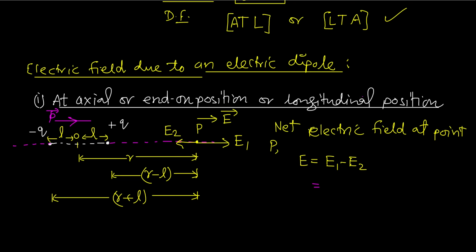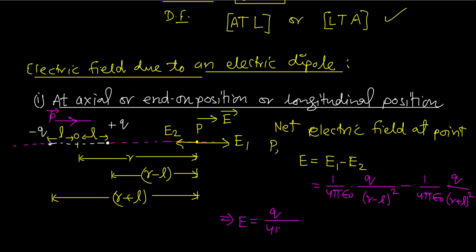So electric field E1 due to plus q charge will be written as 1 upon 4 pi epsilon naught charge q divided by distance square, which is (r minus L) whole square, minus 1 upon 4 pi epsilon naught electric field due to charge minus q, that will be 1 upon 4 pi epsilon naught q divided by (r plus L) whole square, right? Now let's simplify this. E is equal to, take the common terms outside, so it will be q upon 4 pi epsilon naught, and it will be 1 upon (r minus L) whole square minus 1 upon (r plus L) whole square.